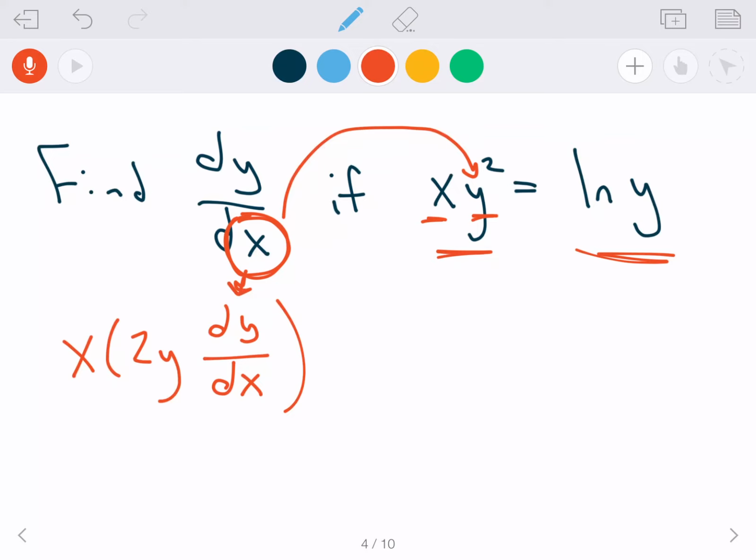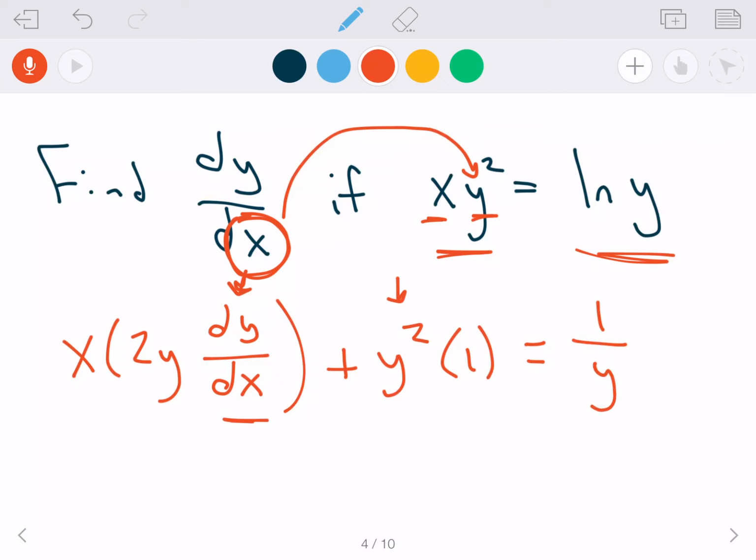Where was I? So I had the first times the derivative of the second plus the second times the derivative of the first. And you'll notice here that since I wasn't taking the derivative of y, I don't have to include that dy dx term. It's only when you're taking the derivative that you include that term. And then I'll go take the derivative on the other side here. Derivative of natural log is 1 over y.